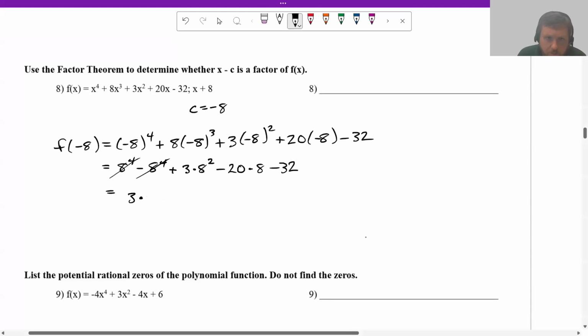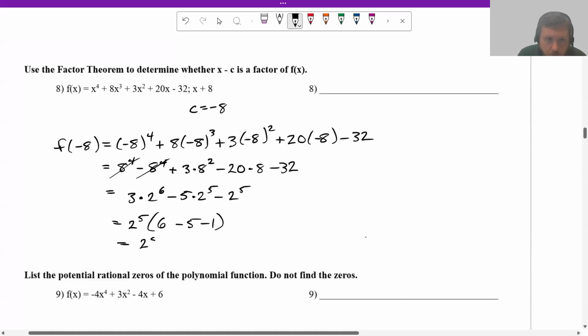So 8 is 2 cubed, and then 2 cubed squared is going to be 2 to the 6th. And then I have 2 cubed, and then the 20 is 4 times 5, so that's 2 squared times 2, so that's minus 5 times 2 to the 5th. The 32 is 2 to the 5th, so I can factor out 2 to the 5th. So then 3 times that remaining 2 is going to be 6 minus 5 minus 1.